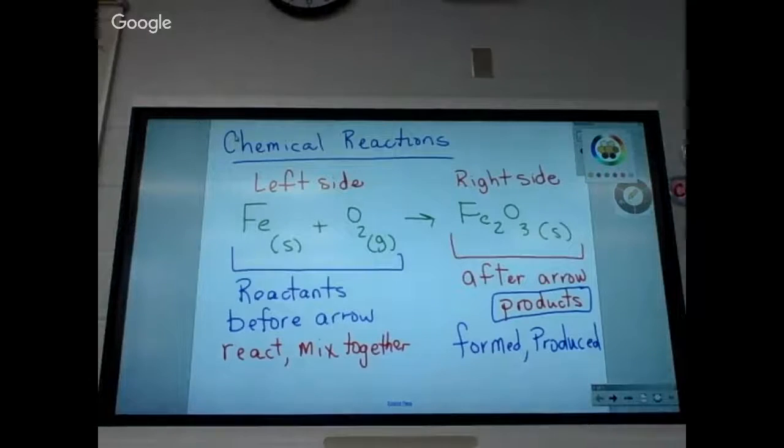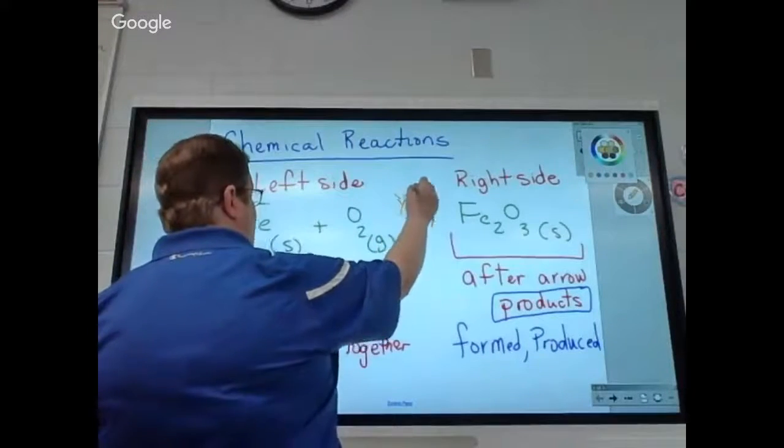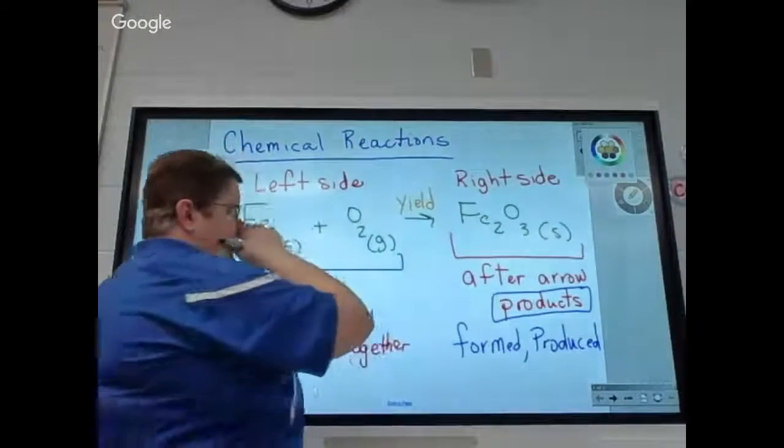It's the name of the arrow. Why? Yeah, a why? Nobody knows? Really? What's the next letter? I? Yield. Yes. It's called the yield sign. Okay?